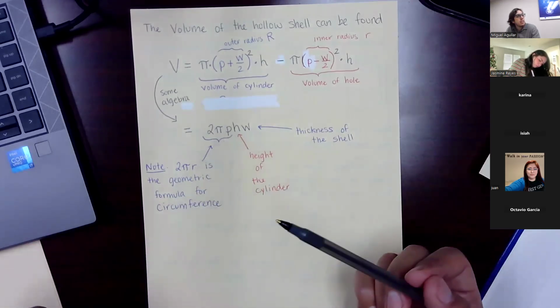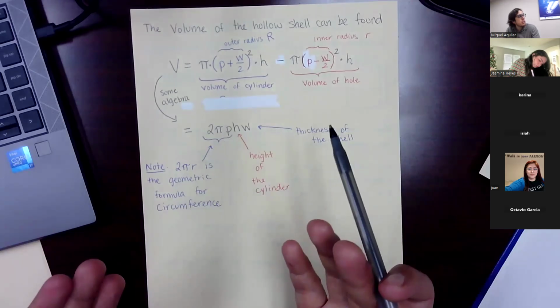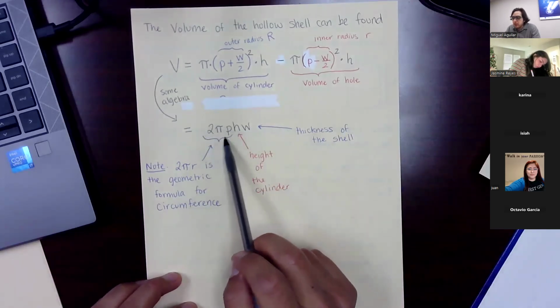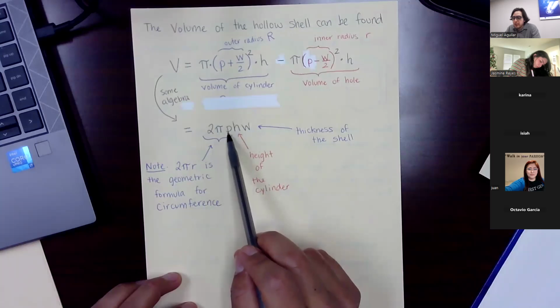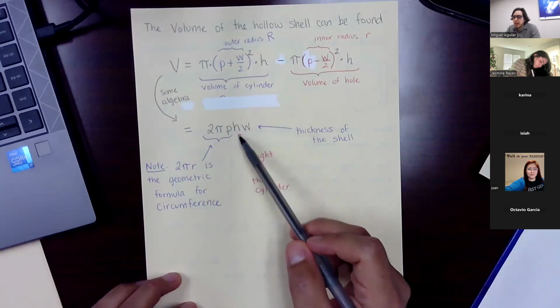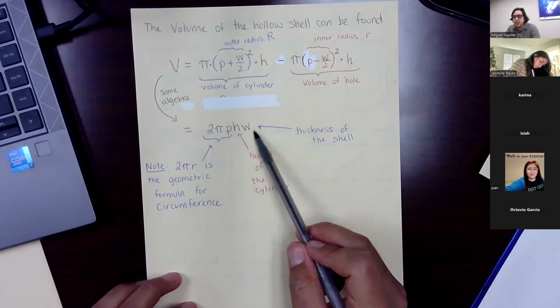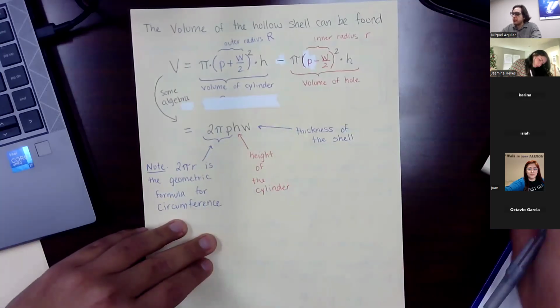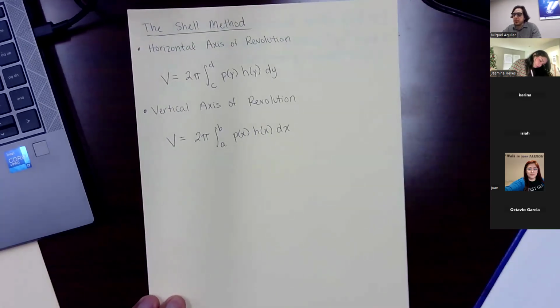Because we had an inner and an outer radius, and if you go right in the middle, you get the average. Okay. So that's just the circumference of the circle, taking the average radius as the radius that we're using, times the height of the cylinder, and then times the thickness of the shell. Okay. All right. So let's see where we go from there.